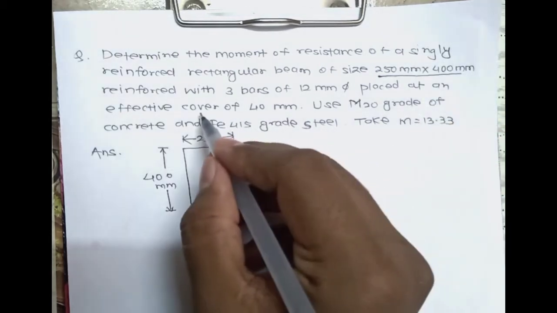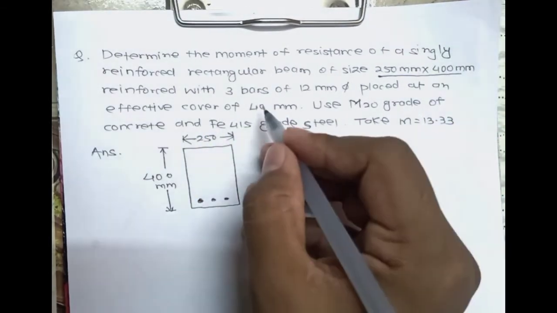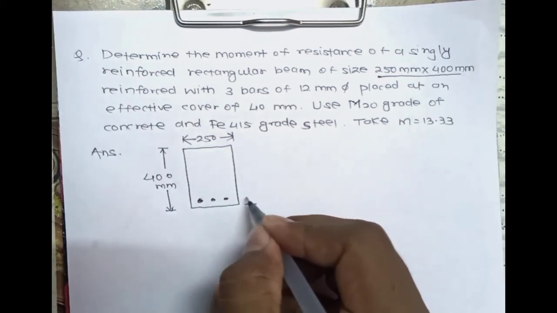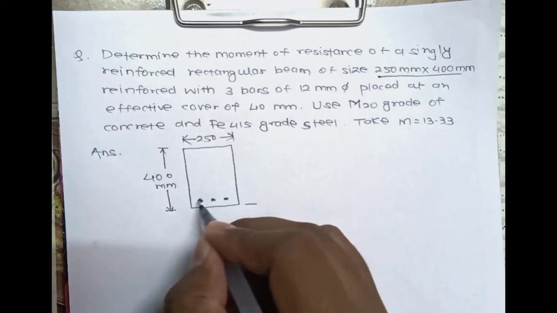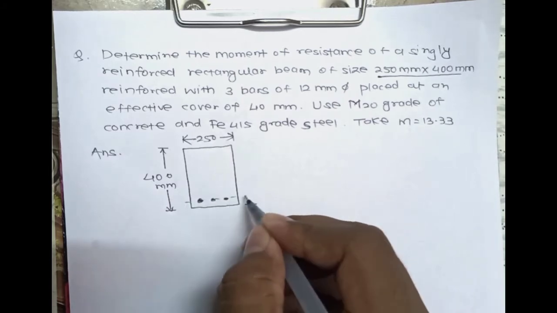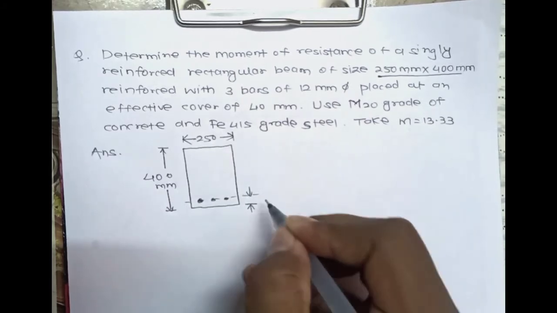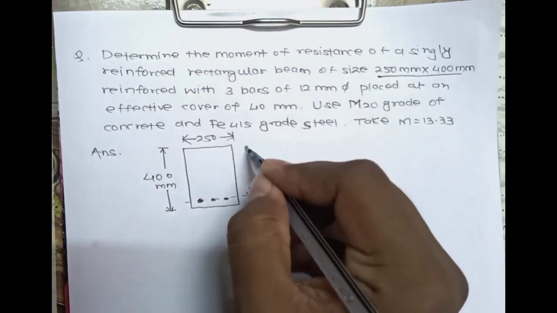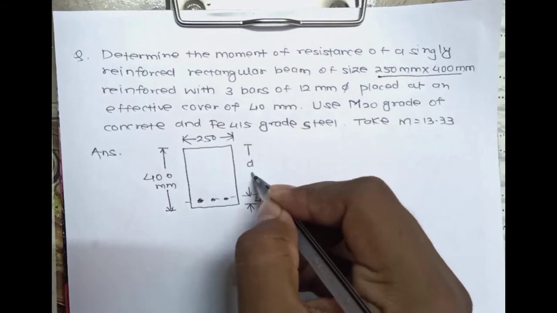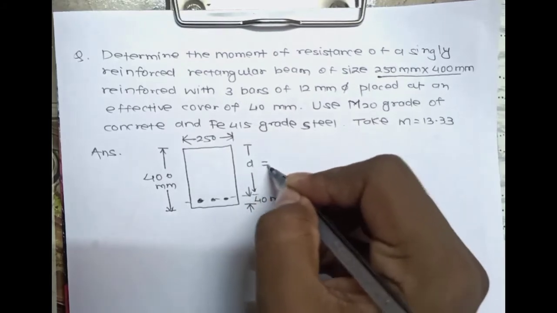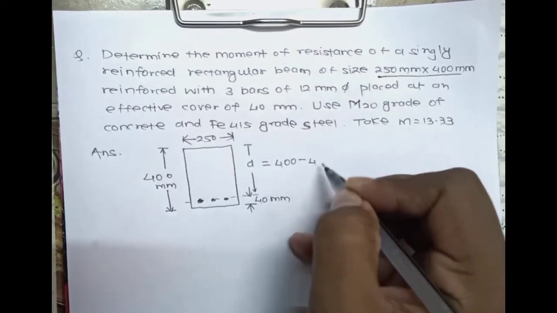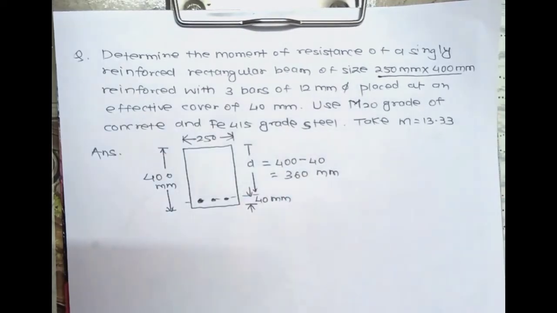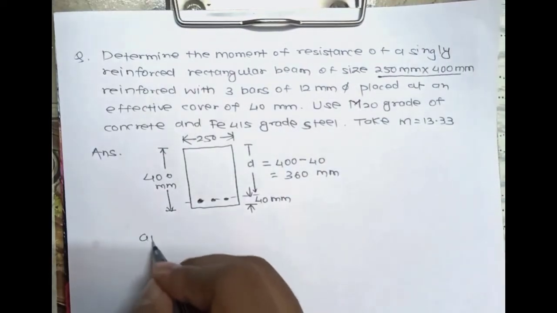Now we are given an effective cover of 40 mm, which is the distance from this point to the center of these 3 bars. The remaining distance is denoted by small d, which is 400 minus 40, that is 360 mm.